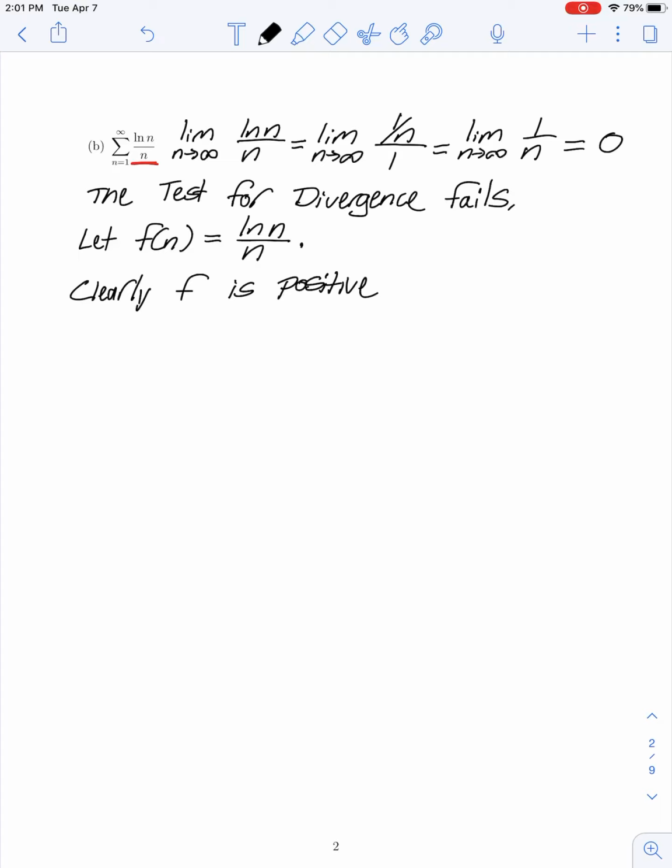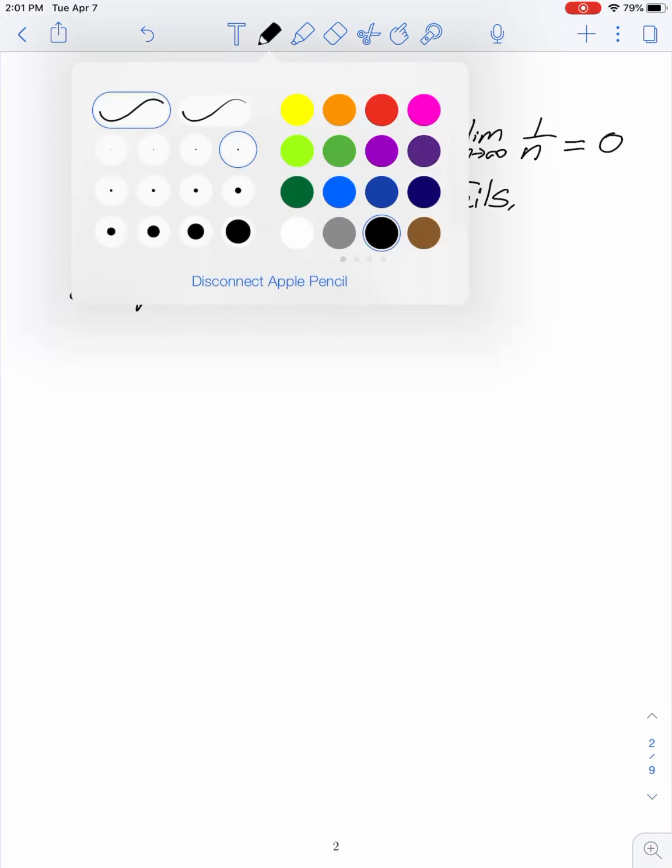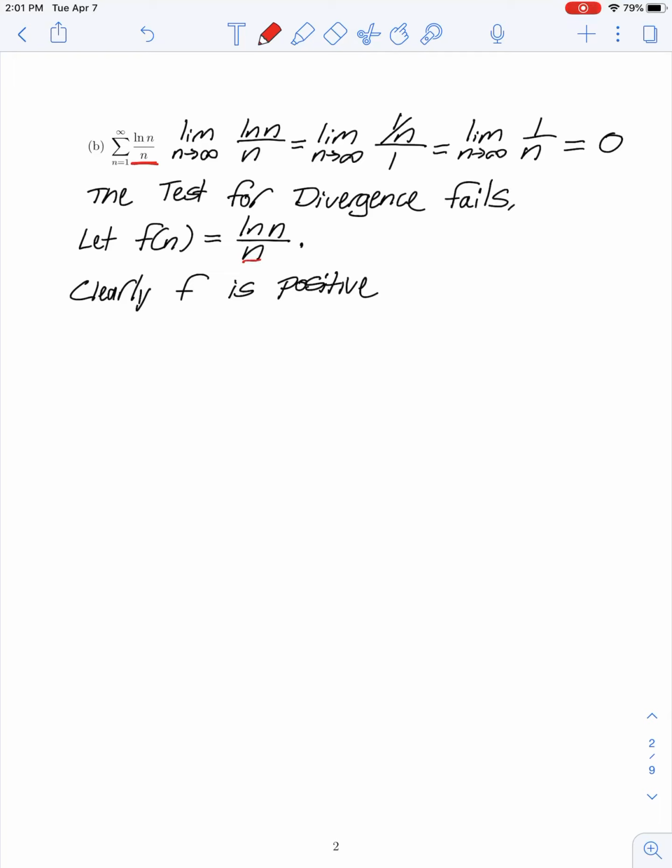Now, I would claim that this is also clearly continuous over our interval. The only way that this function could be discontinuous is if we had division by 0 or a negative value for n, since we're taking the natural log of n.